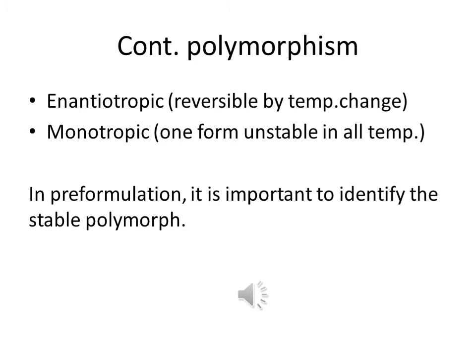The polymorph with the lower free energy, corresponding to the lower solubility or vapor pressure, is the thermodynamically stable form.